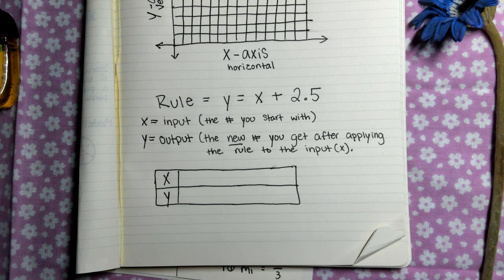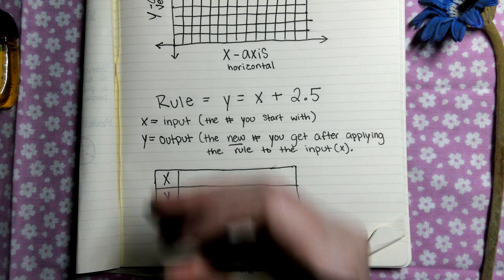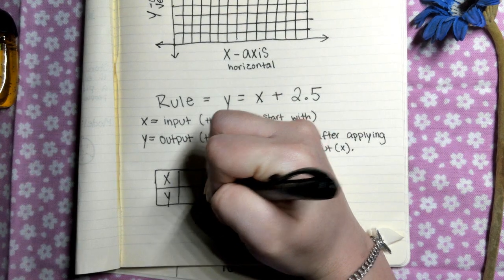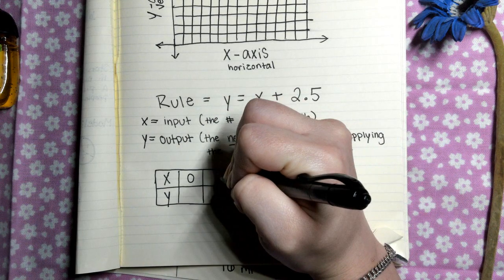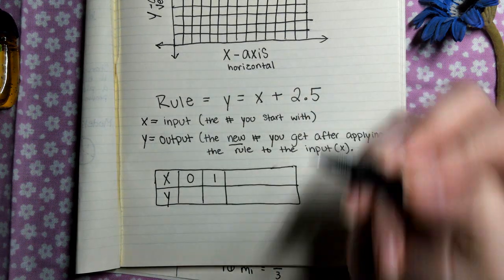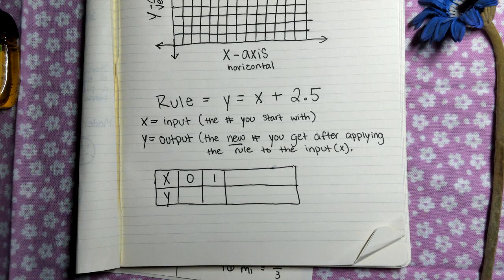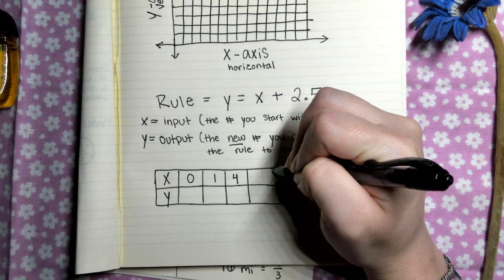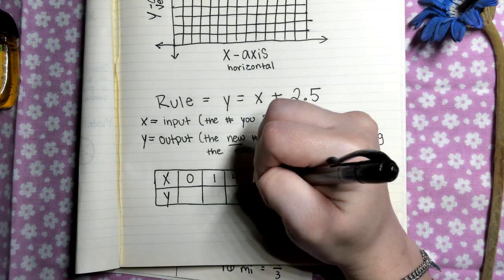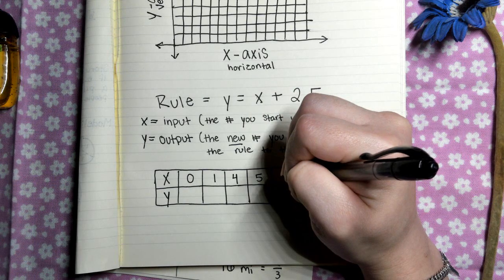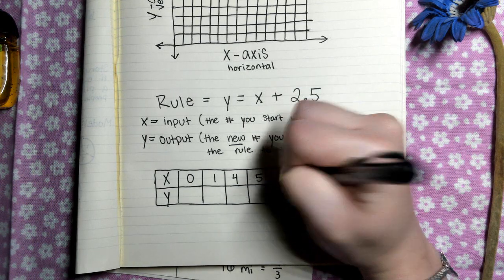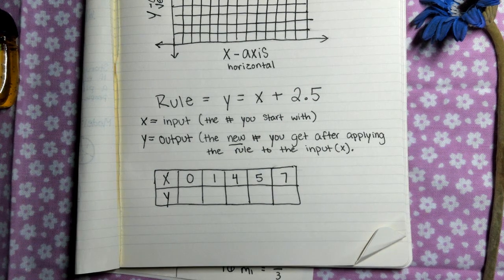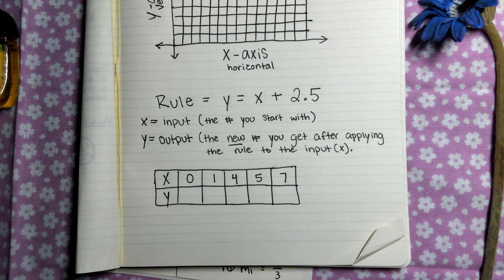But it doesn't always do that. Sometimes they throw in random numbers. It might be 0 first, then 1, so you might be thinking, oh, it's just going to go 0, 1, 2, 3, 4. Not always. Then it might jump to 4, and then it might just go to the next number 5, and then it might go to 7. You can't bet on what the inputs are going to be, okay?